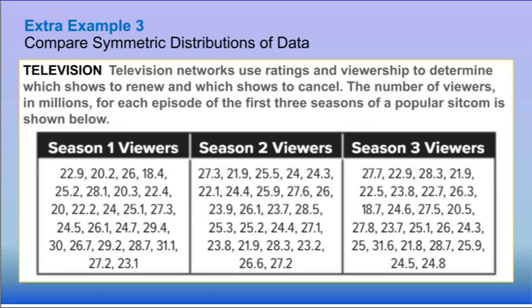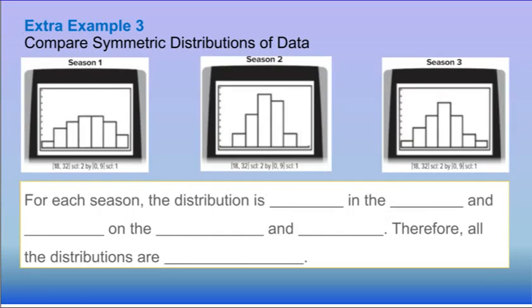And next example, television networks use ratings and viewerships to determine which shows to renew and which shows to cancel. The number of viewers in millions for each episode of the first 3 seasons of a popular sitcom is shown below. So I have that all on a histogram here. That's for each season.